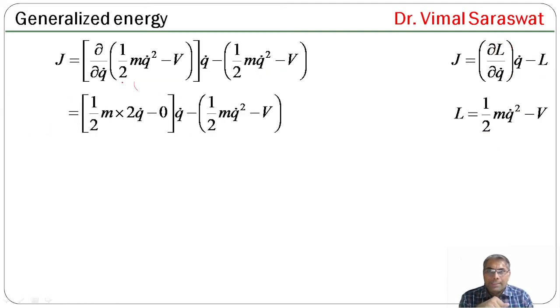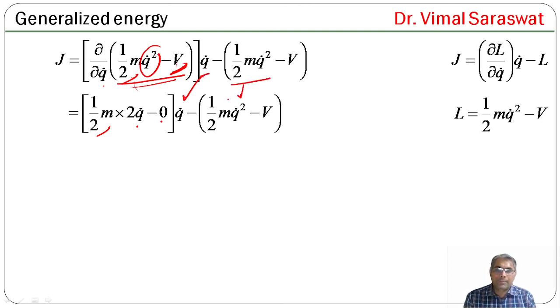Now we differentiate half m q̇ squared minus V with respect to q̇. So half m is our constant. The differential of q̇ squared is twice q̇, and V does not depend on velocity, or does not depend on q̇, so its differential will be 0. And this q̇ as it is, and this term also as it is.